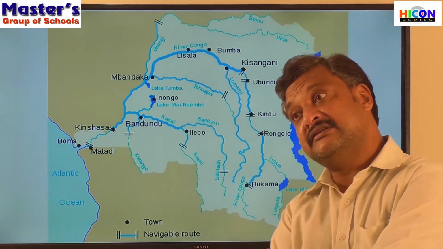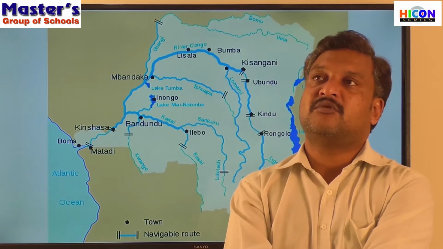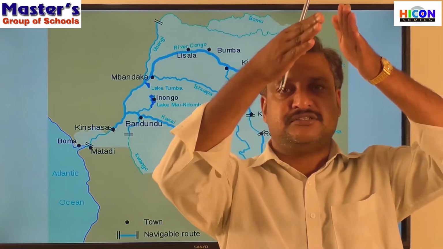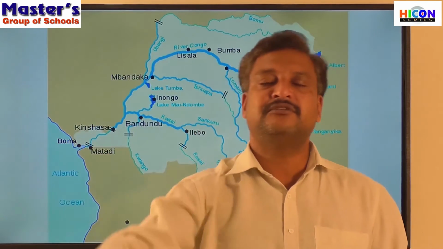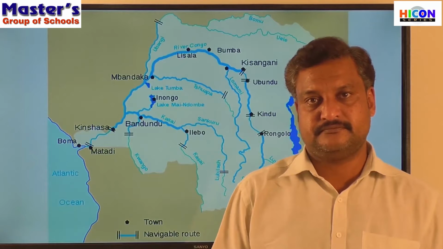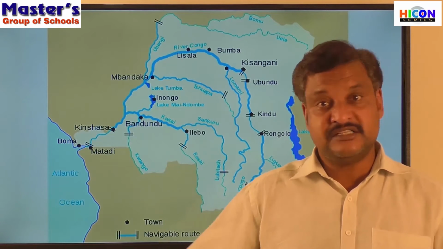At some points, the depth of this river is almost equal to some of the biggest buildings, like, for example, Eiffel Tower. Have you seen Eiffel Tower? The iconic iron and steel structure. We can completely immerse Eiffel Tower in this river. Okay, so it's very deep and it is very wide also.